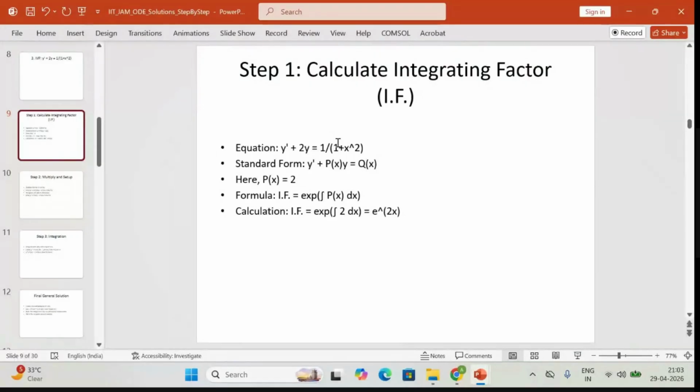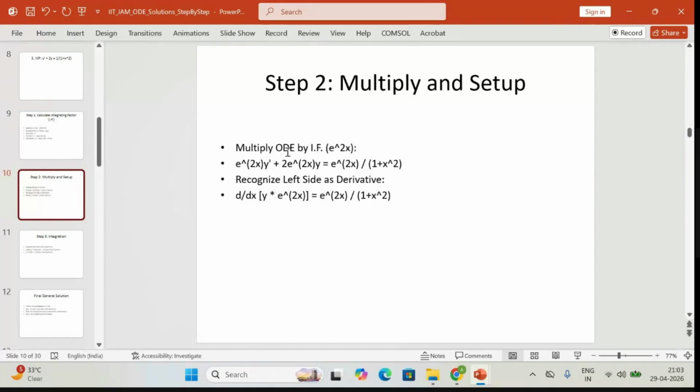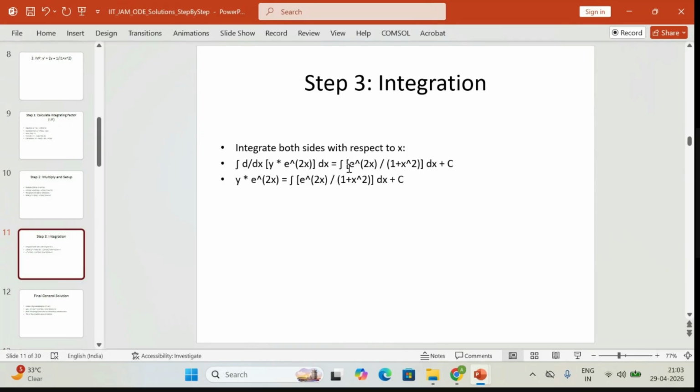So this is in the standard form of y prime. This is the linear equation. So p(x) equals 2 here. Integrating factor will be e to the power 2x. So multiply both sides, and then we will see that the right hand side cannot be integrated.